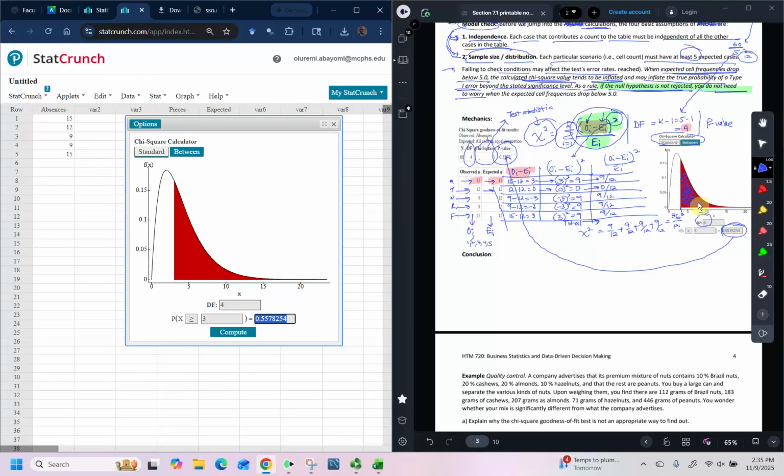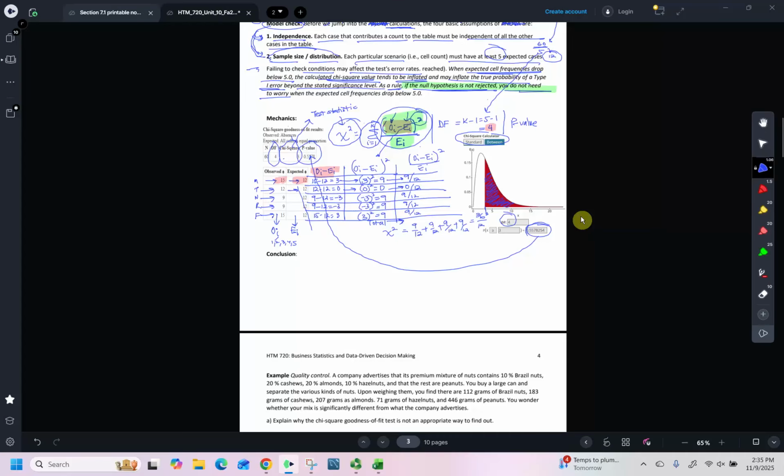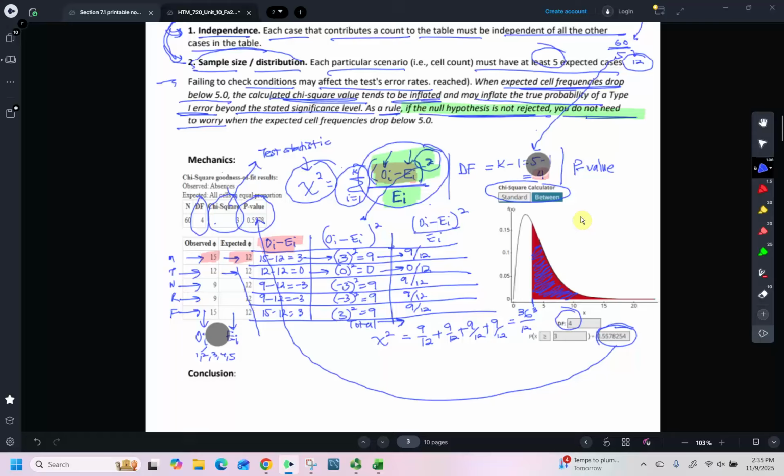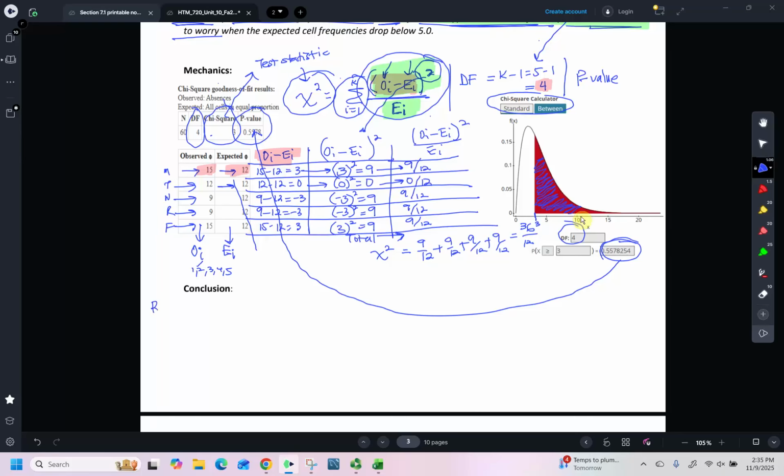So with that said, we can go back to our table to draw our conclusion. Looking at the conclusion here, what was our p-value?